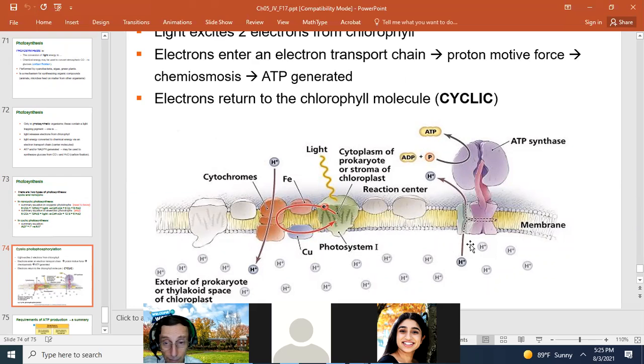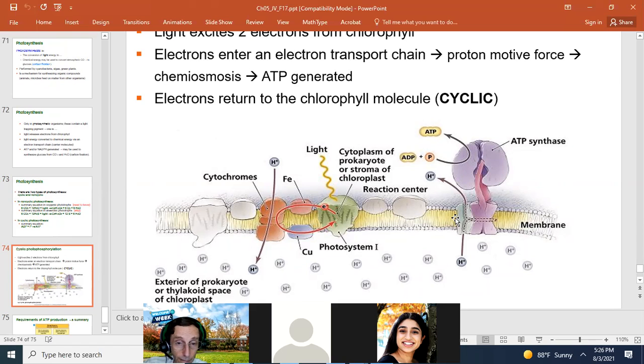And as the hydrogen ions move through this protein, it gives the protein the energy it needs to phosphorylate ADP to make ATP. This should be very familiar to you because it's very similar to the electron transport chain of aerobic respiration. Any question about any of that?